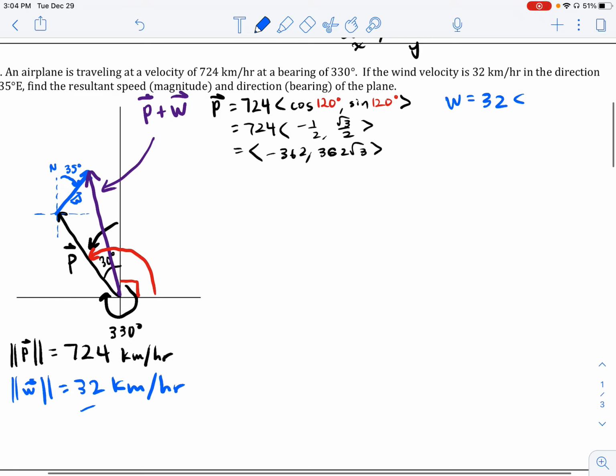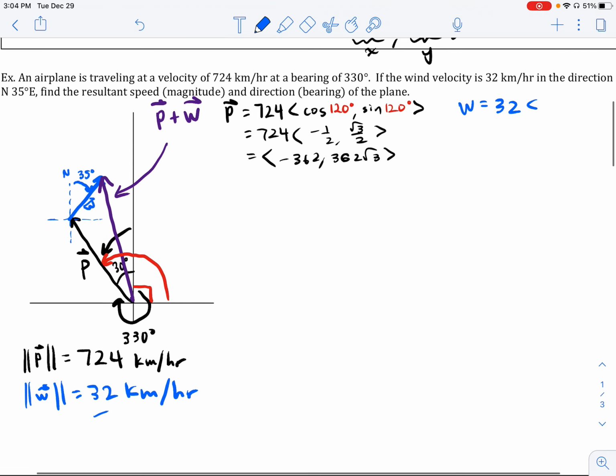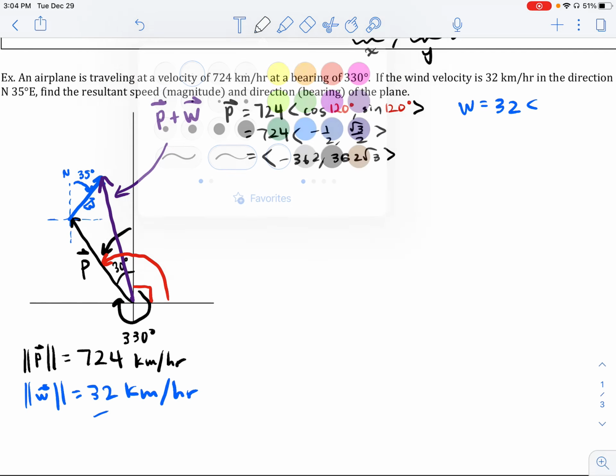You know what? I'm going to change that value just because I want to keep this problem as one that we could potentially do most of without using a calculator. So let's change 35 degrees to 45 degrees. That way it's a nice angle that we're used to working with.